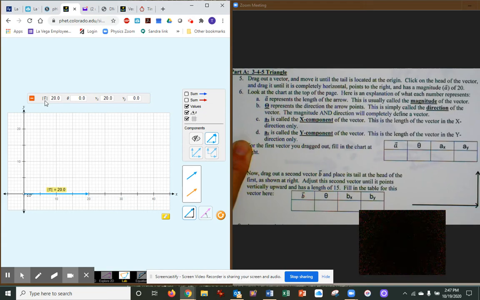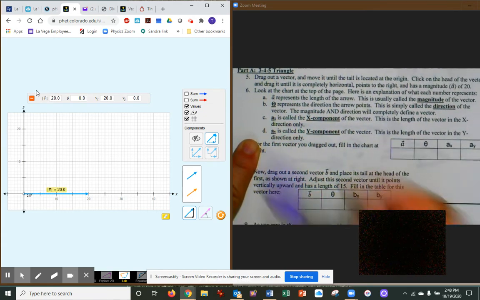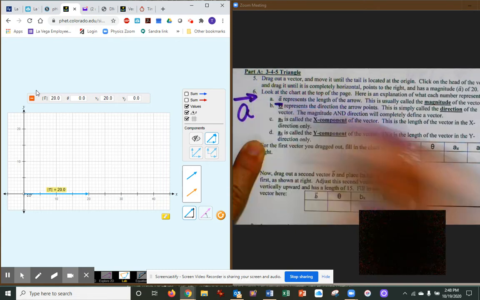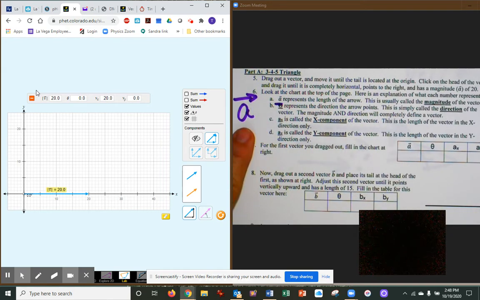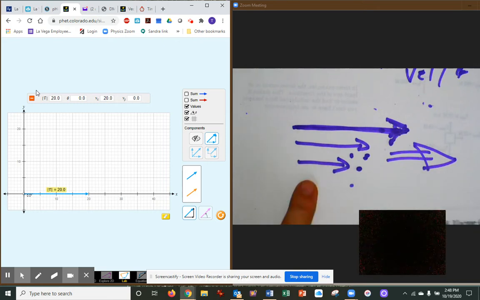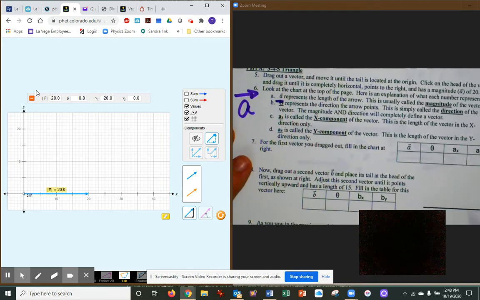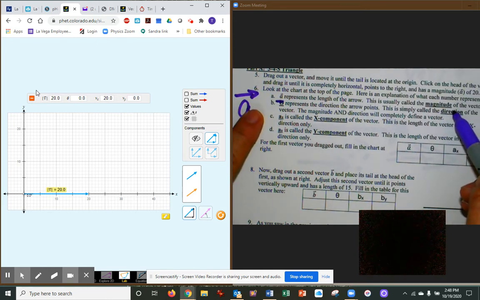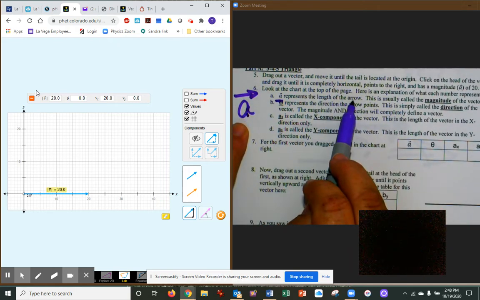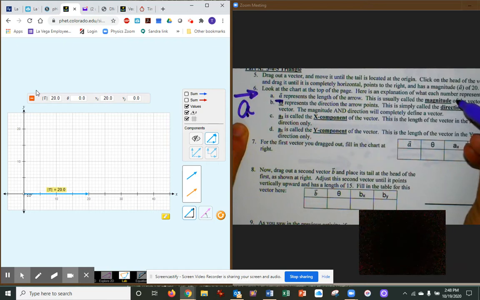Wherever you see a variable with an arrow on top, this represents the length of the arrow. And just like we said over here, the length of the arrow signifies the magnitude of the vector. So the larger this number is, the longer the arrow is, and we say it has a greater magnitude.